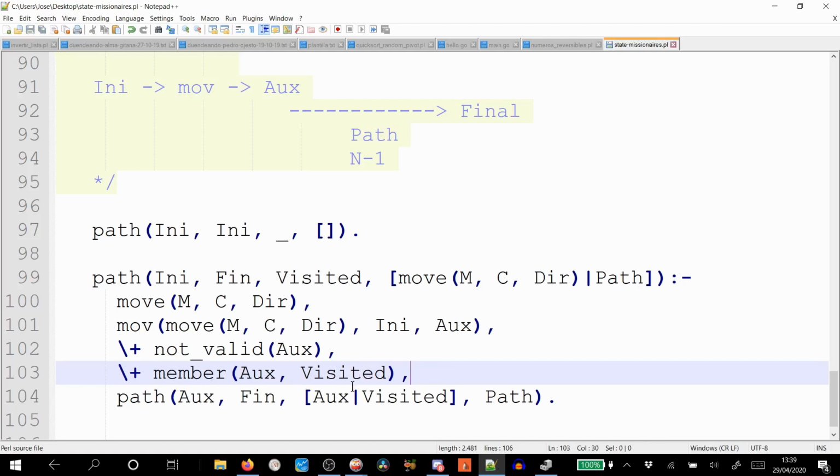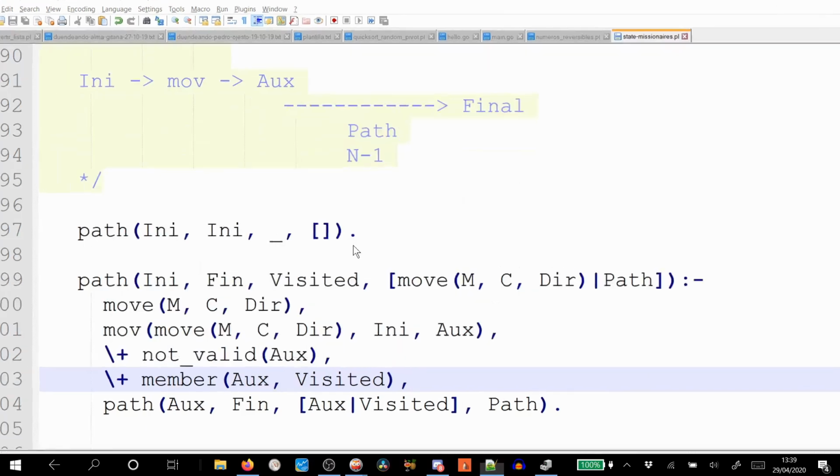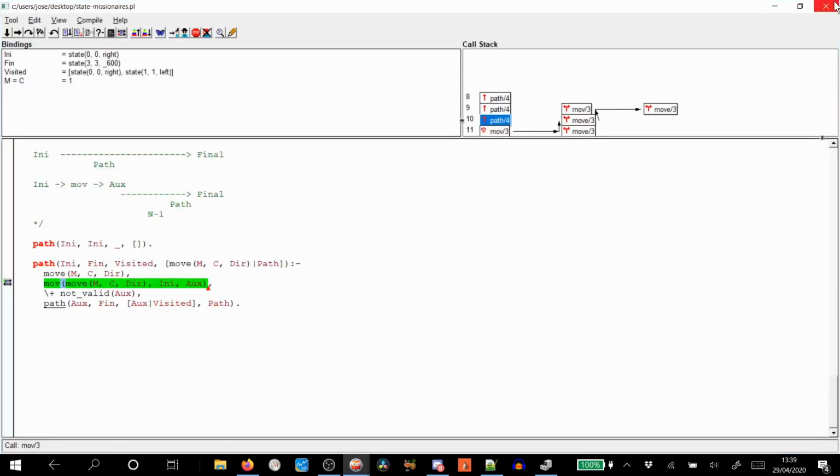You understand why? Because otherwise it will enter an infinite loop. So okay, perfect. Let's finish that, because we are creating the visited states, but we are not checking the new state is not here. So we will always do the same.